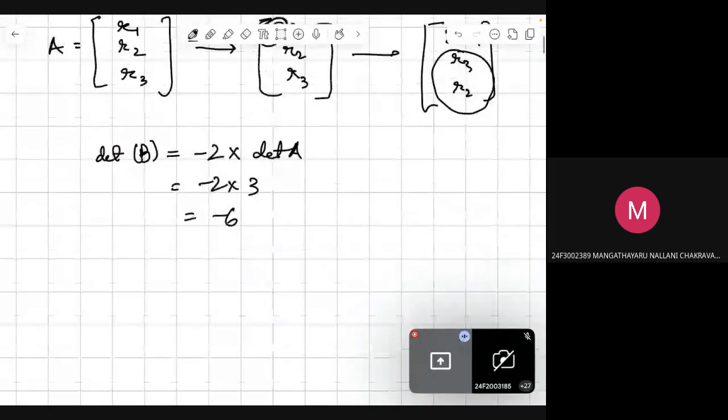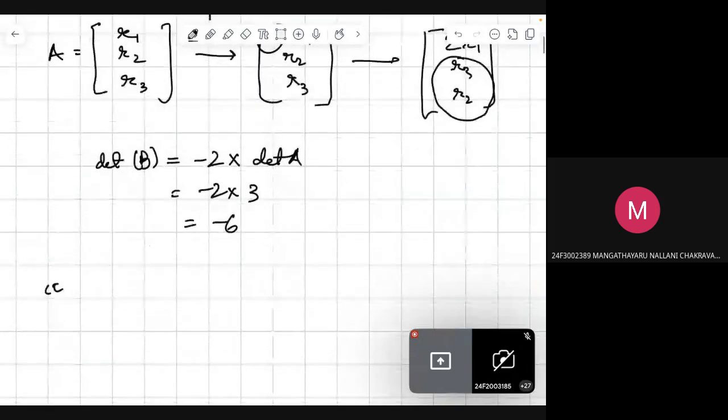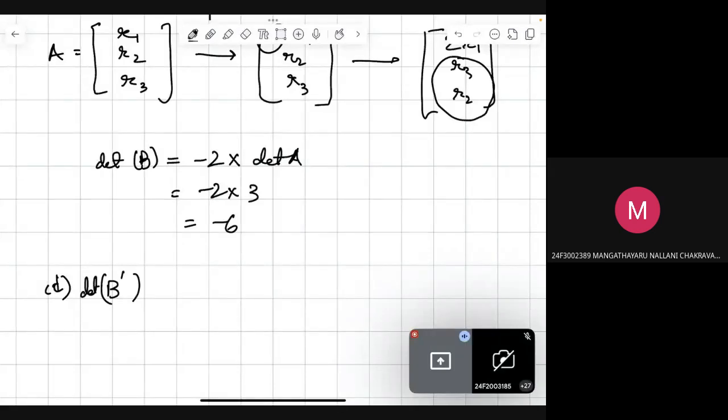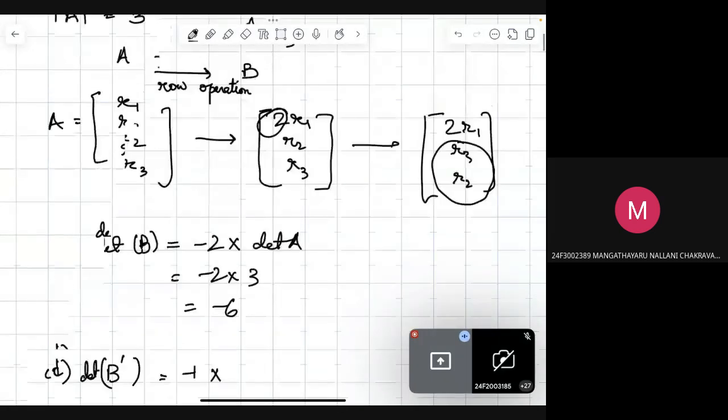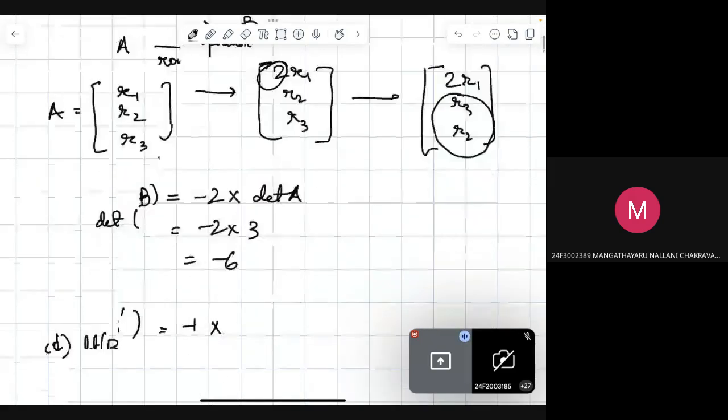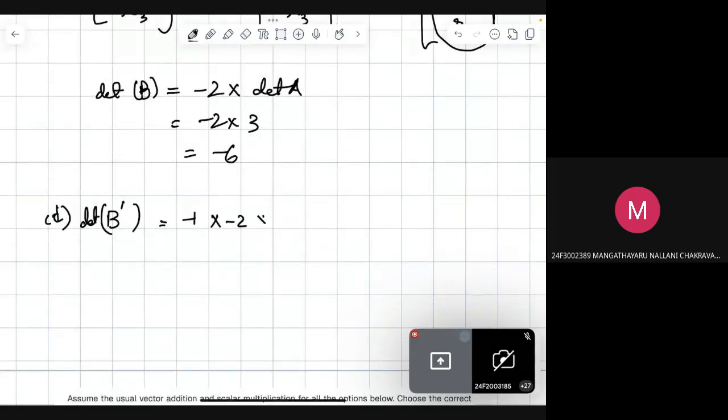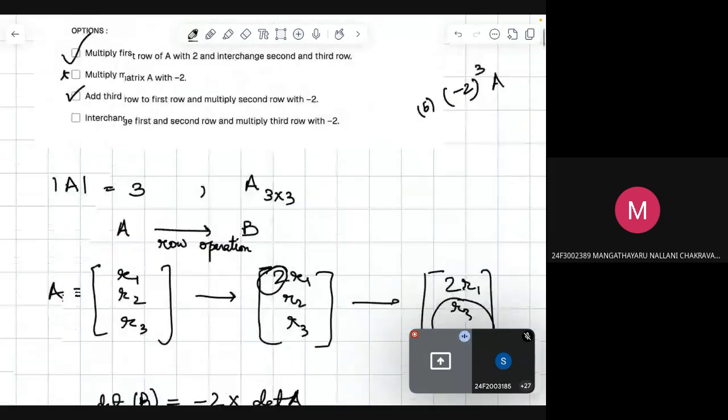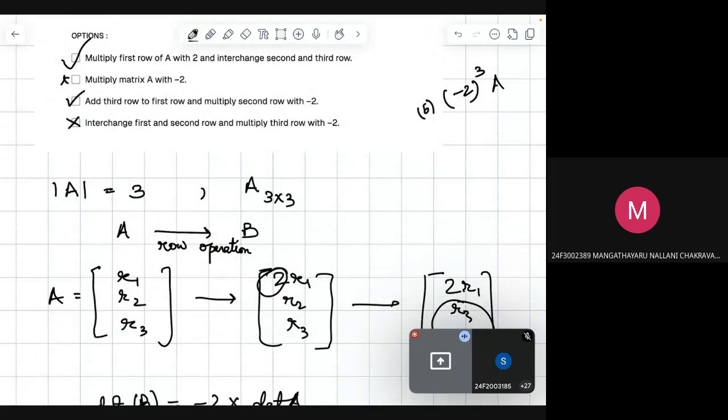So in case of the last option, the determinant of B is -1 into -2 into determinant of A. So that is 2 into 3, which is +6. We want -6. So that's why it is not the correct answer. The correct answer is A and C.